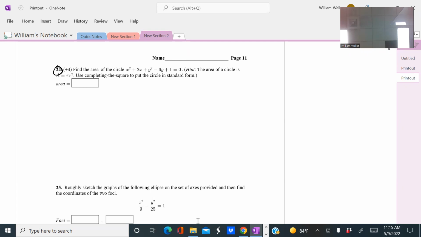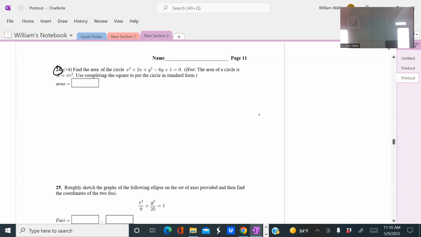It says the area of a circle is pi r squared, right? So it suggests use completing the square to put this equation in standard form.